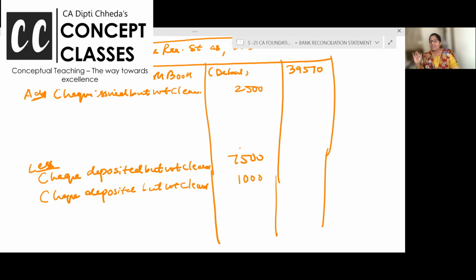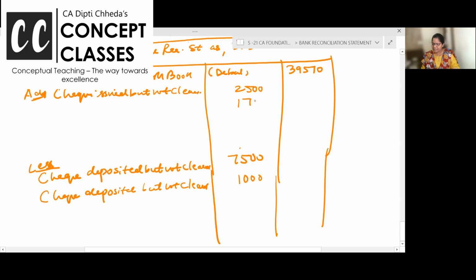Remaining 17,000 didn't clear. So when I issued the check, what did I do? Credit. So what should I do now? Debit. When I issued the check, I credited 20,000. But in the bank, only 3,000 has been debited so far.